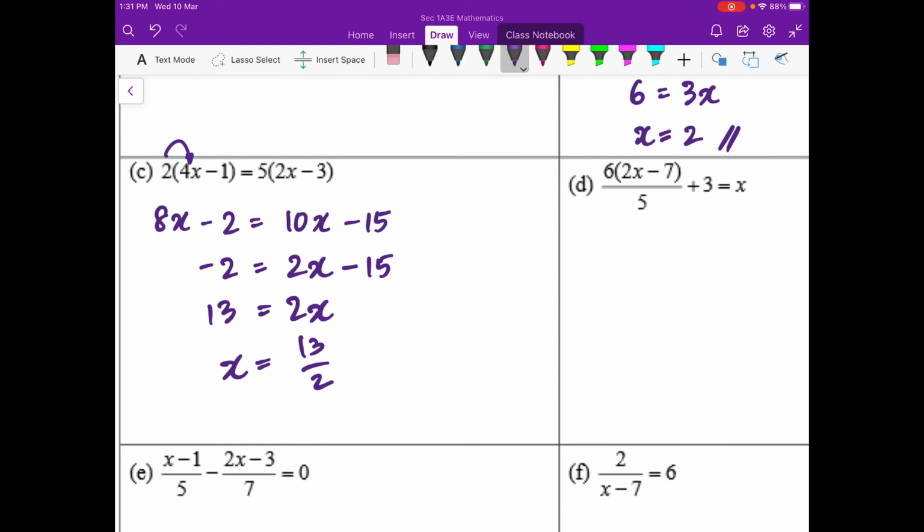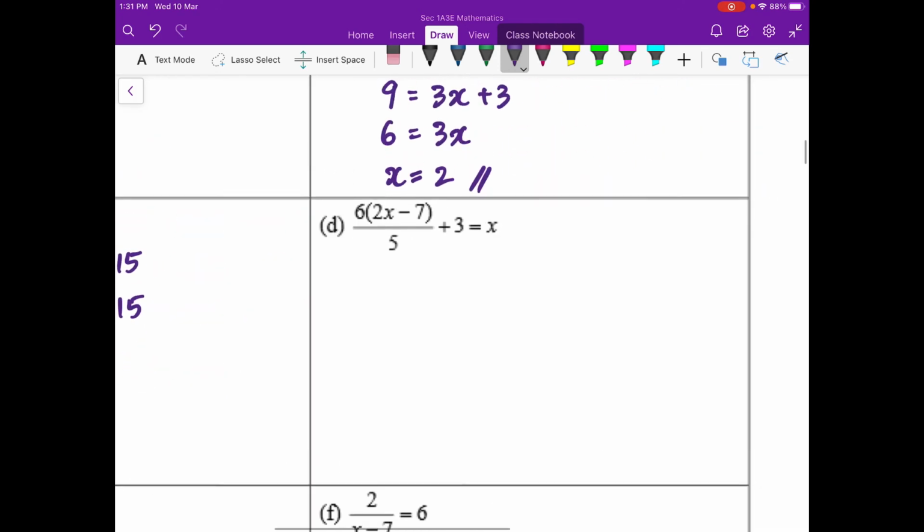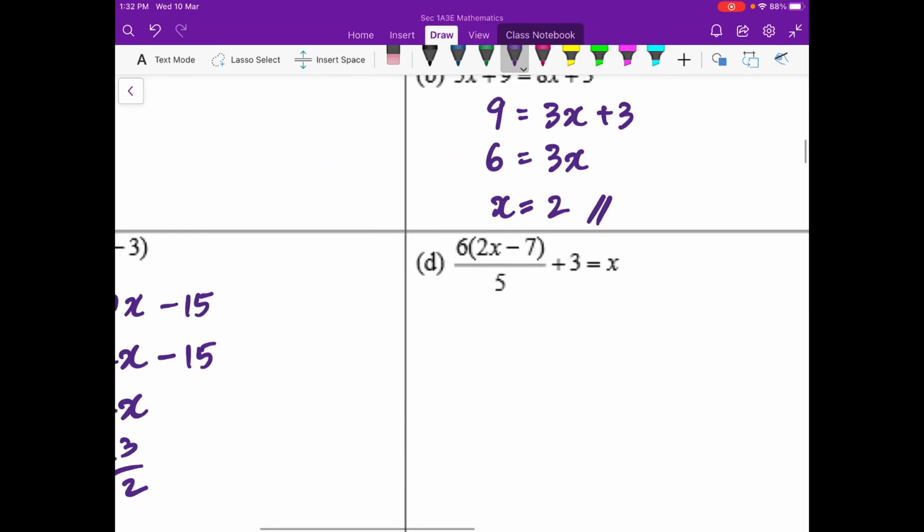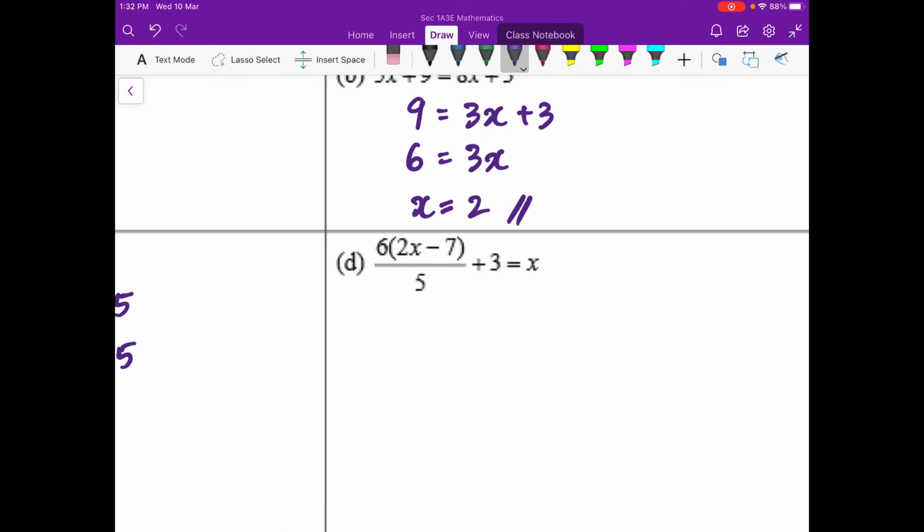Part D. Wait, am I going too fast? Okay, part D. Wow, this looks more complicated now. I've got a fraction plus 3 equals x, and I've got x appearing many times. So there are many different approaches to this, many of which will be correct. I want to combine the left hand side into one single fraction.